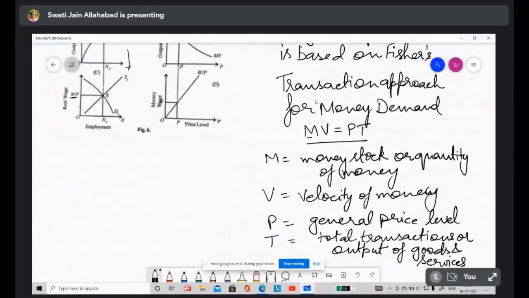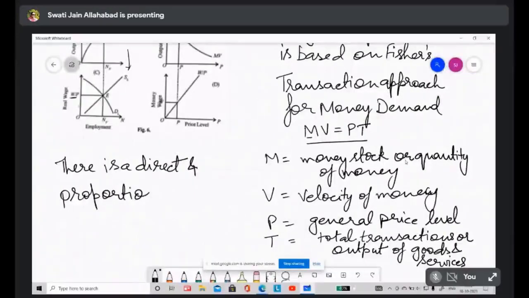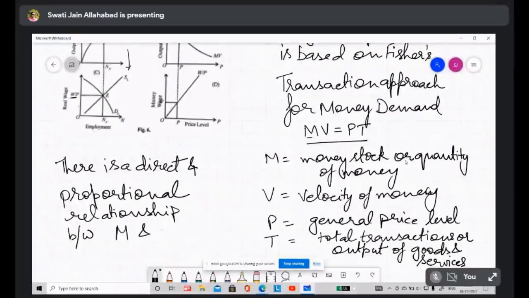According to this MV = PT theory, we know that there is a direct and proportional relationship between M and P, that is money stock and general price level.